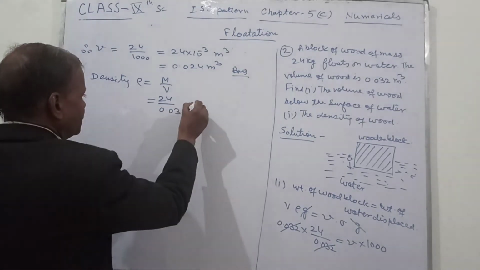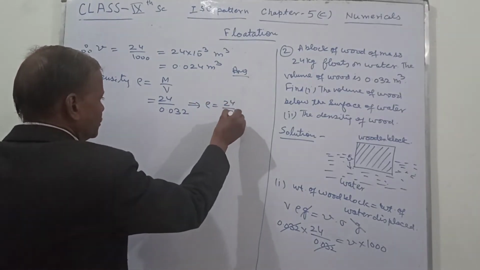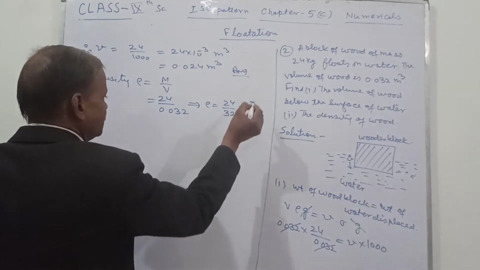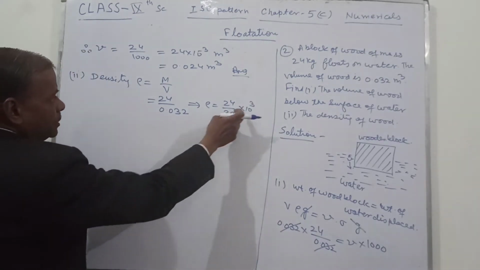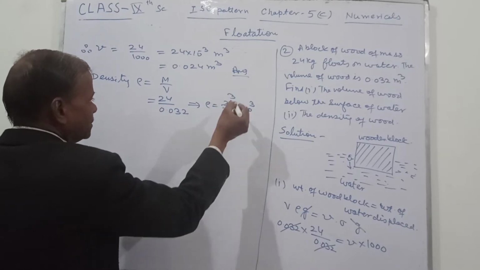So if you do it, then this rho is equal to 24 upon 32 into 10 raised to the power 3. Now these 3 zeros will be here, and 8 4 and 8 3.